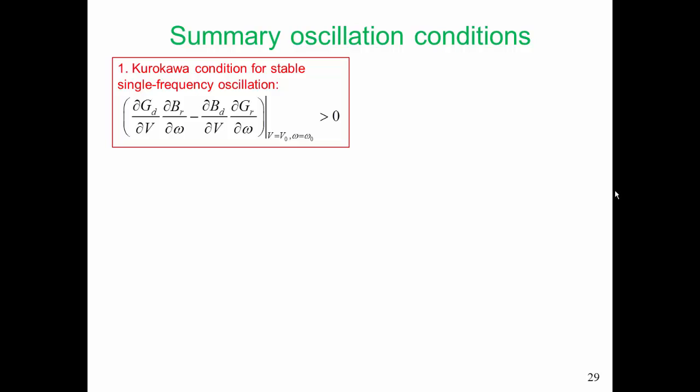So summarizing, there are 3 points here that we have made. One is the full Kurokawa condition for stable single frequency oscillation for a one-port conductance oscillator is as shown here. For a fixed frequency oscillator, GR is very small, so that second product term is essentially zero.